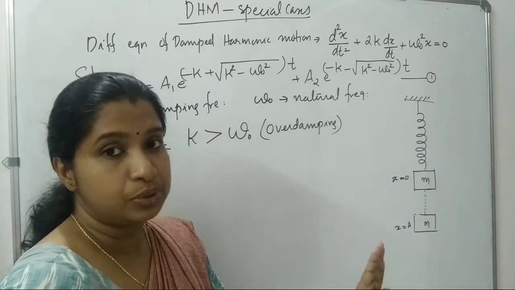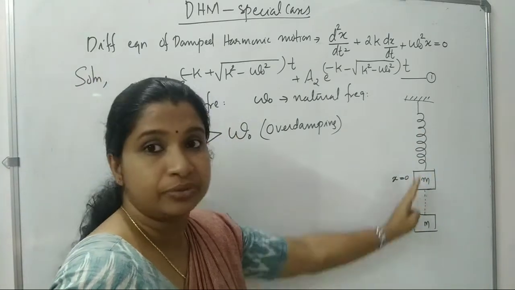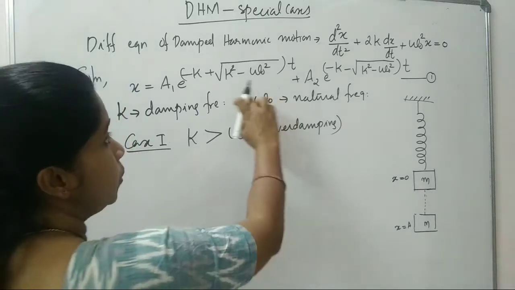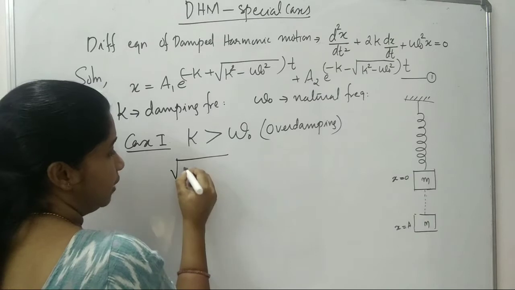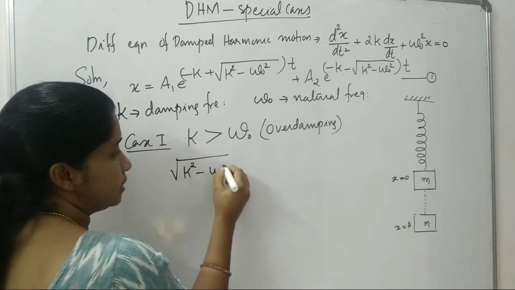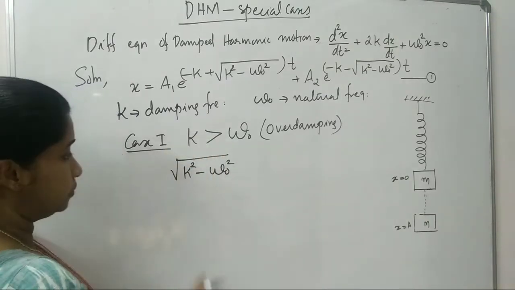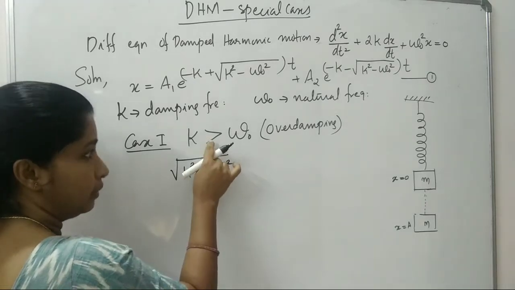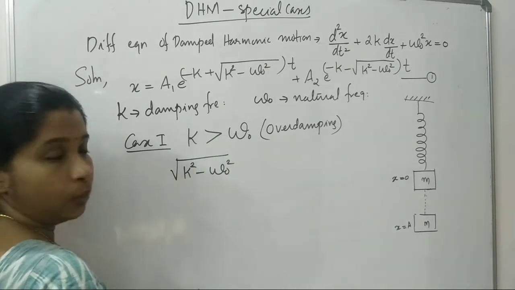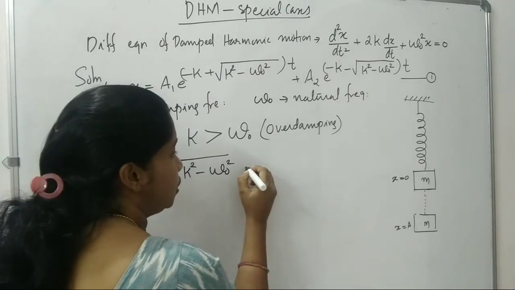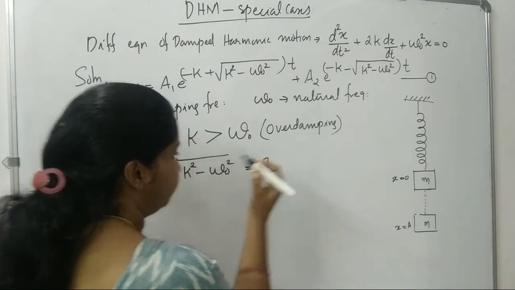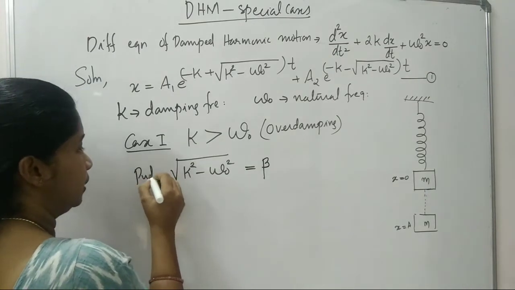So we have to derive the general solution of this kind of motion. In the general solution, we have one term, k² − ω0². If k is greater than ω0, this quantity is always positive. So we can substitute this as beta, for simplicity.